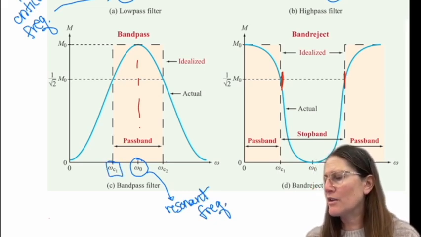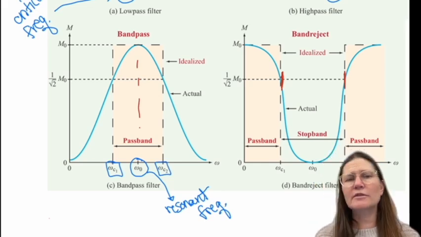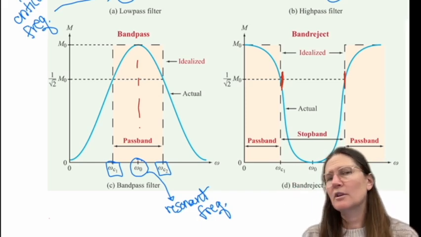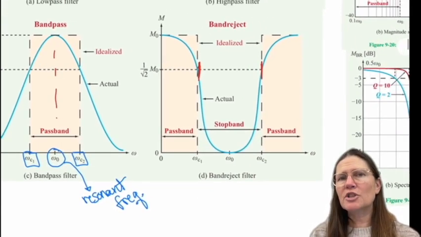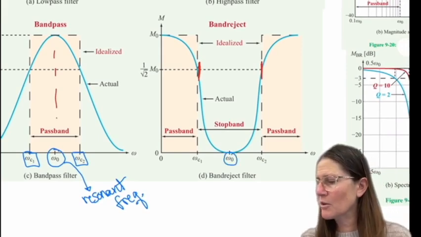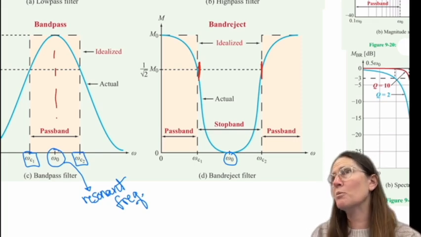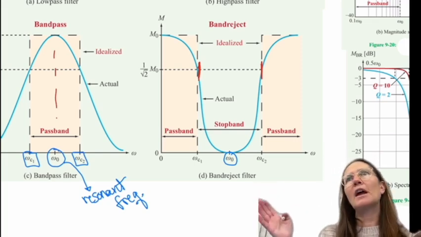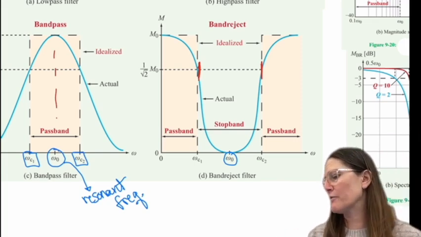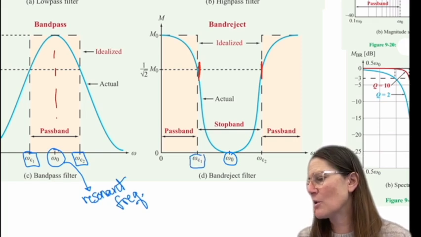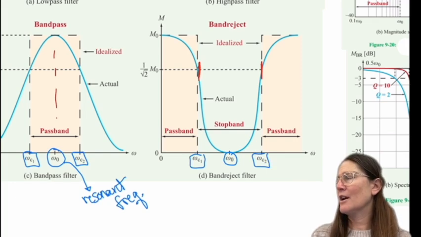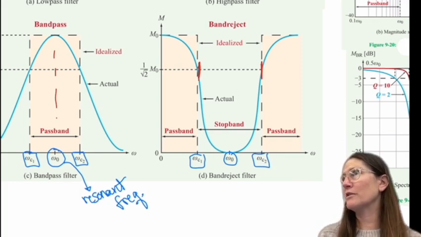And then the 2 on each side is the region that it will actually pass for a band pass. For the band reject, same thing, that middle frequency or resonant frequency will be the middle point of it. And then you'll have the region that it will actually be stopping the frequencies. And so you have the 2 frequencies on each side. All right, questions about the form of what these look like?